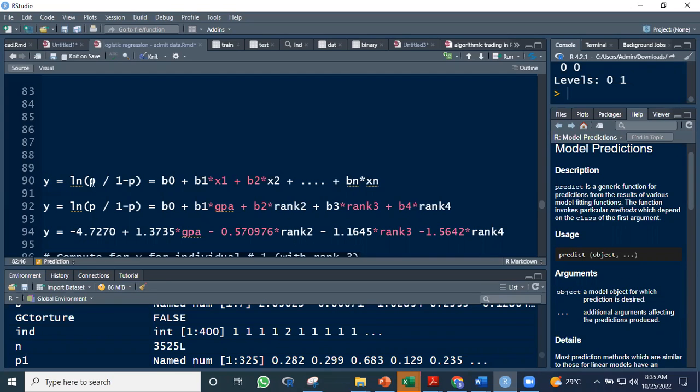Y, our log odds ratio, is equal to beta null plus beta 1 times x1 plus beta 2 times x2 plus, and since we only have two predictors, it becomes: Y is equal to the log odds of beta null, the intercept, plus beta 1 times GPA plus beta 2 times rank 2. We don't include rank 1 because it was used as a benchmark. We dummified this; well, R did that automatically. Plus B3 times rank 3 plus B4 times rank 4.